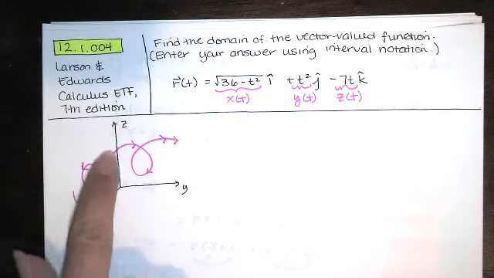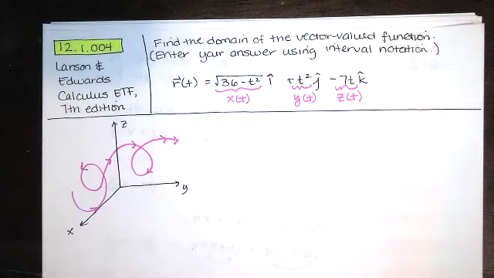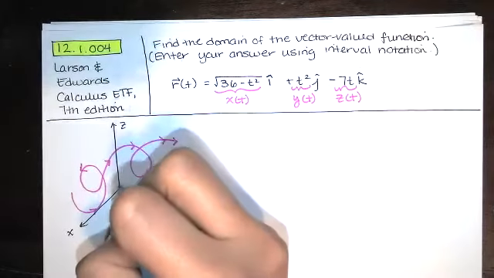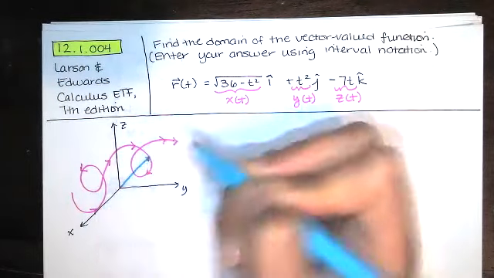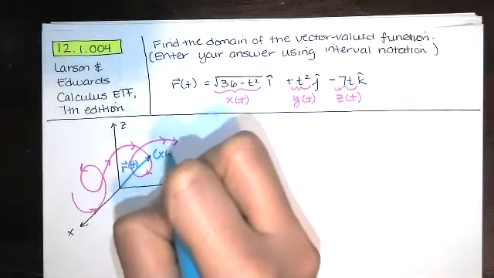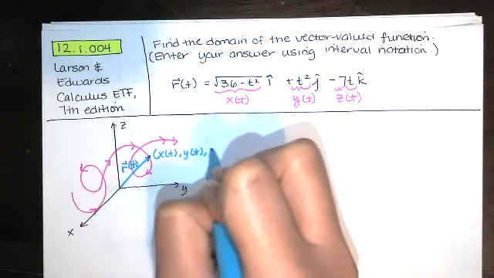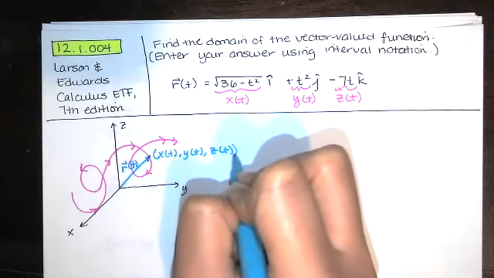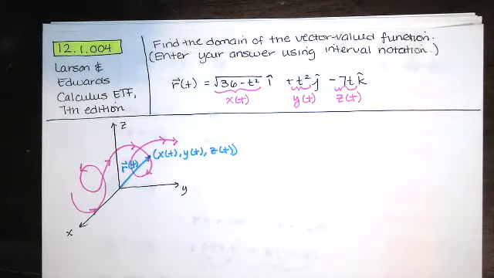And as t increases, we just trace out that curve in three-dimensional space. And r of t, again, is a pointer. It starts at the origin and it points right here. And that location is x of t, y of t, z of t. So that's what this represents.